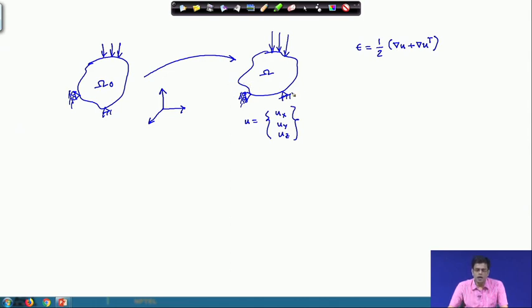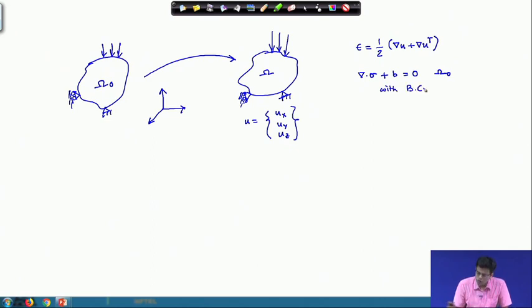So, we can write its differential equation, which is of this form. We have not seen this earlier, but just to mention, del dot sigma plus b equals to 0. Now, this is over the domain omega 0 and with proper boundary condition.